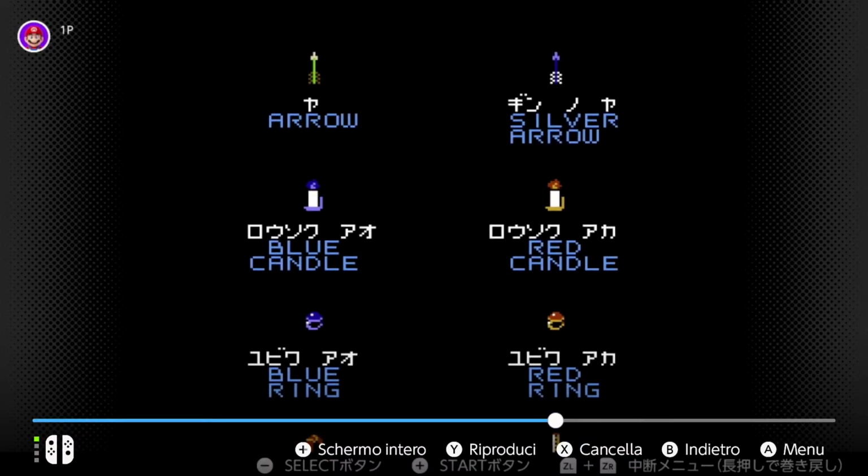Blue candle, in Japanese, Rosoku Ao. Rosoku is the Japanese word for candle. I'll just check its accent. Let's see.